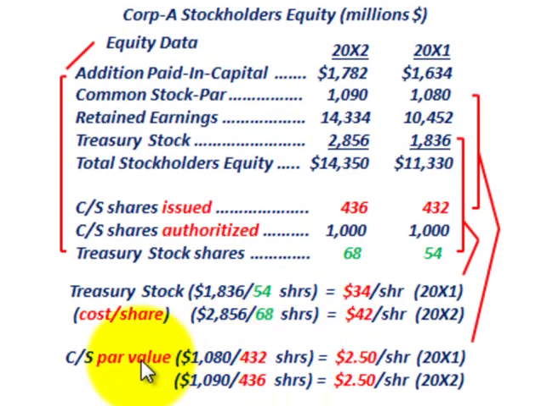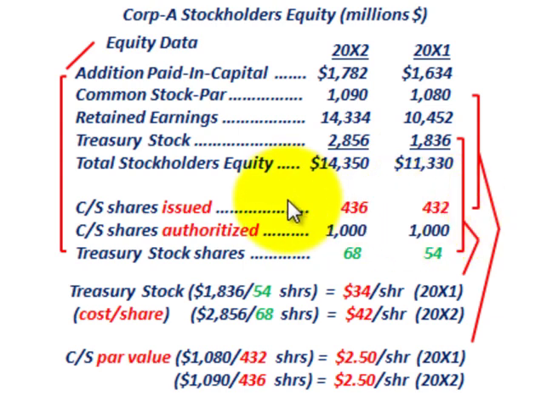Now when we're dealing with the common stock, we work with the par value of the common stock in this case here, and to determine the par value here, we do the same thing as we did with the treasury stock. Just take your par value, common stock par, total par amount here, 20x1, 1,080,000 here, divided by the common stock shares issued here.